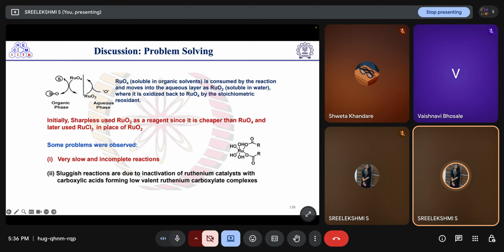Ruthenium tetroxide will oxidize S into S double bond O, and ruthenium tetroxide will be converted into ruthenium dioxide, which is not soluble in the organic phase. From the aqueous phase, this dioxide will be oxidized back into ruthenium tetroxide by the co-oxidant, which can be sodium metaperiodate or periodic acid, whichever co-oxidant we use. So we have to use more equivalents of the co-oxidant and fewer equivalents of ruthenium tetroxide, because it will be regenerated in the reaction medium.